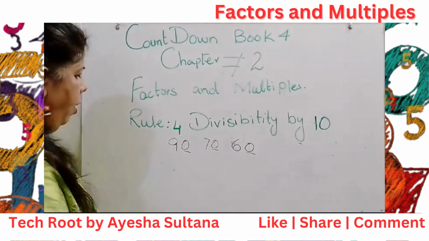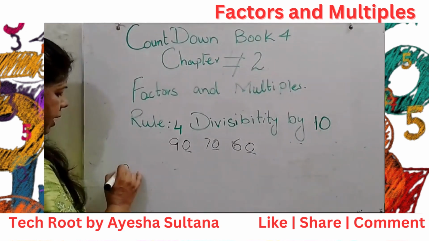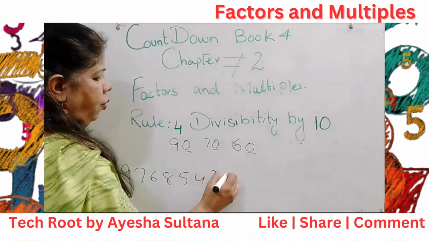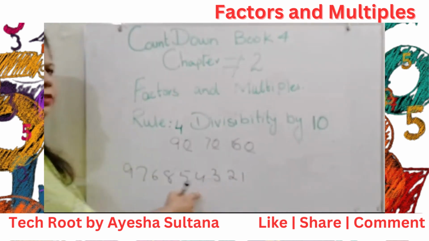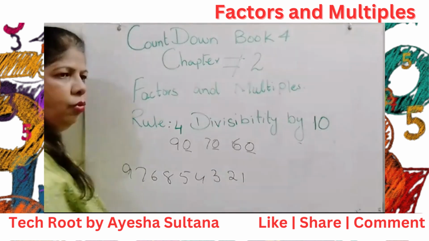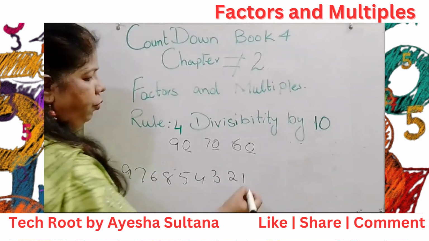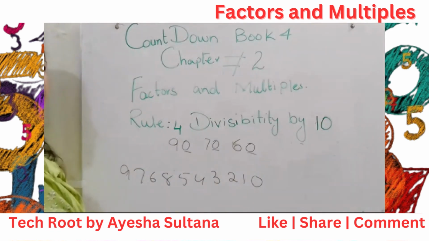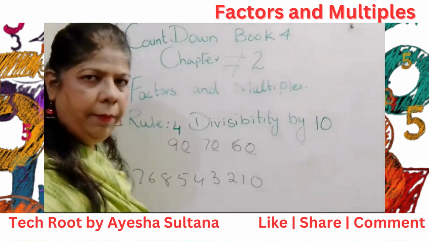Whatever big number you have, 987654321, is this divisible by 10 or not? You will say no. If you write one more 0 at the end, it means this number is easily divided by 10.